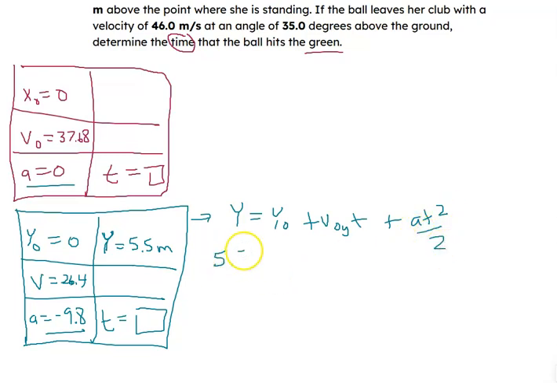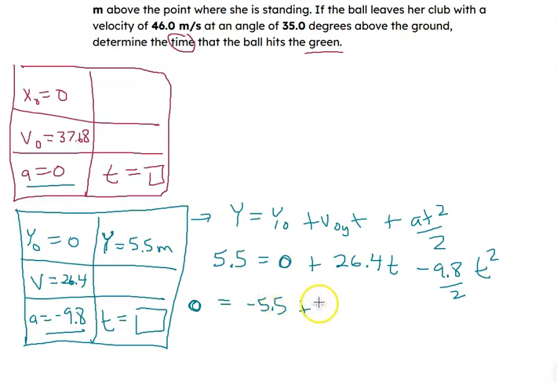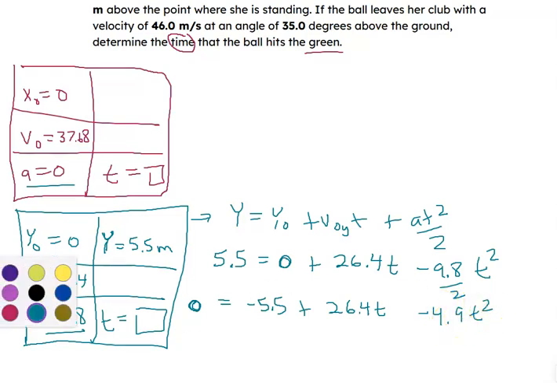So the output of the function is 5.5. I started on the ground, heading up at 26.4 T. Gravity's pulling me down at 9.8 meters per second squared. It has been a while since we've had to use quad solve. Let's get it in the correct form: 0 on this side, minus 5.5, plus 26.4 T, minus 4.9 T squared.